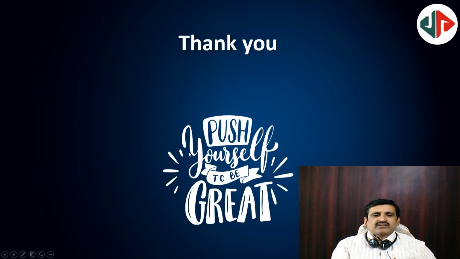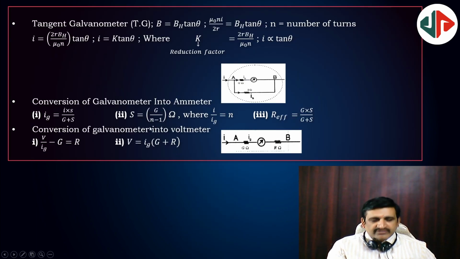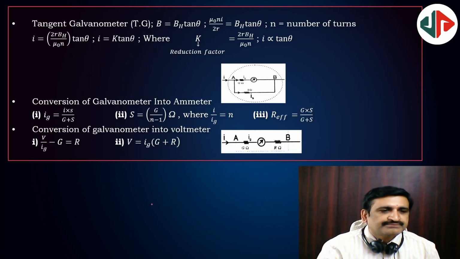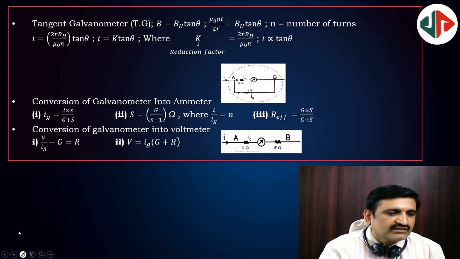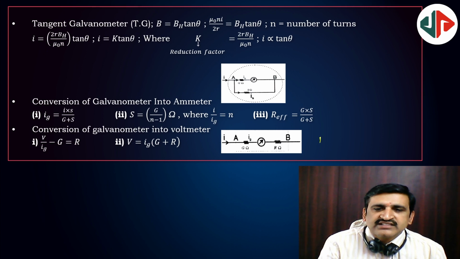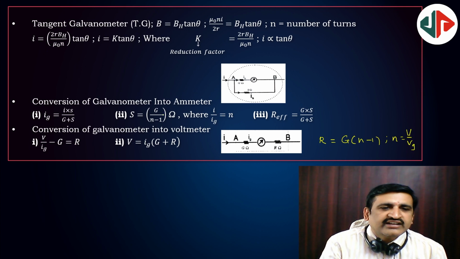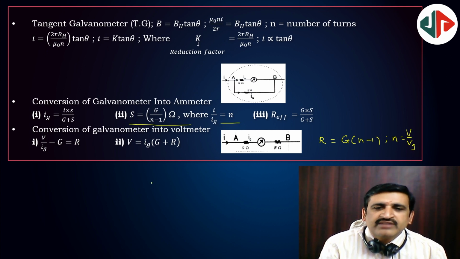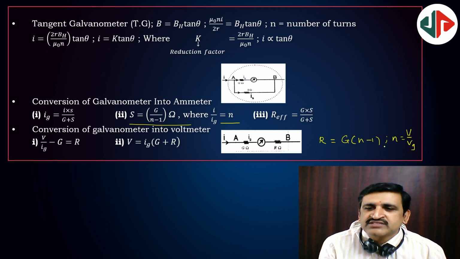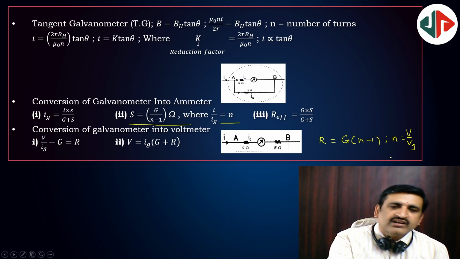One more formula I will give you: for a voltmeter, the resistance needed R is equal to G into (n minus 1), where n is equal to V by Vg. For an ammeter, S is G by (n minus 1), n equal to I by Ig. Similarly for the voltmeter, G into (n minus 1), n equal to V by Vg. Then it will be good.